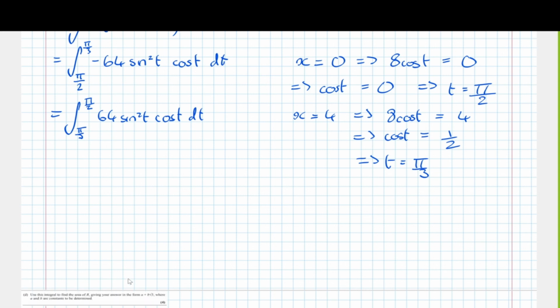For some reason it disappears when I click on it. So part D, just do the integral. I think the substitution that will make this easiest would be u equals sine t, if you do it that way.